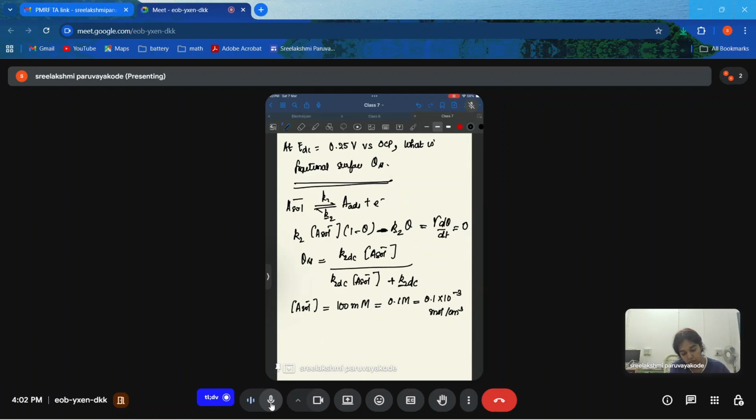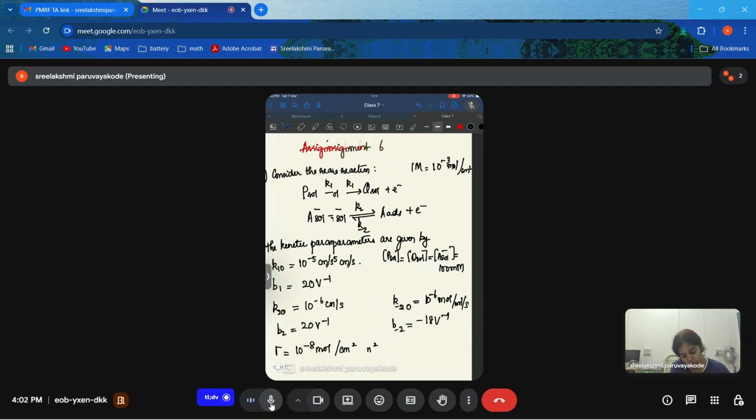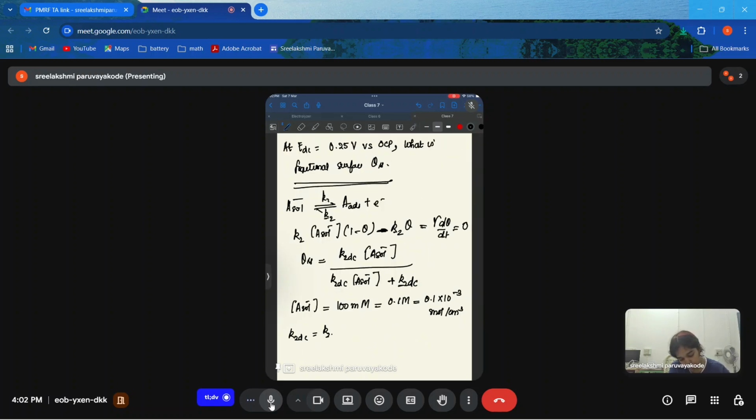Now what is K2 DC and K minus 2 DC? What are the values given to us? K10, K20, K minus 20. We know K2 DC becomes K20, and it's exponentially related to the DC potential.